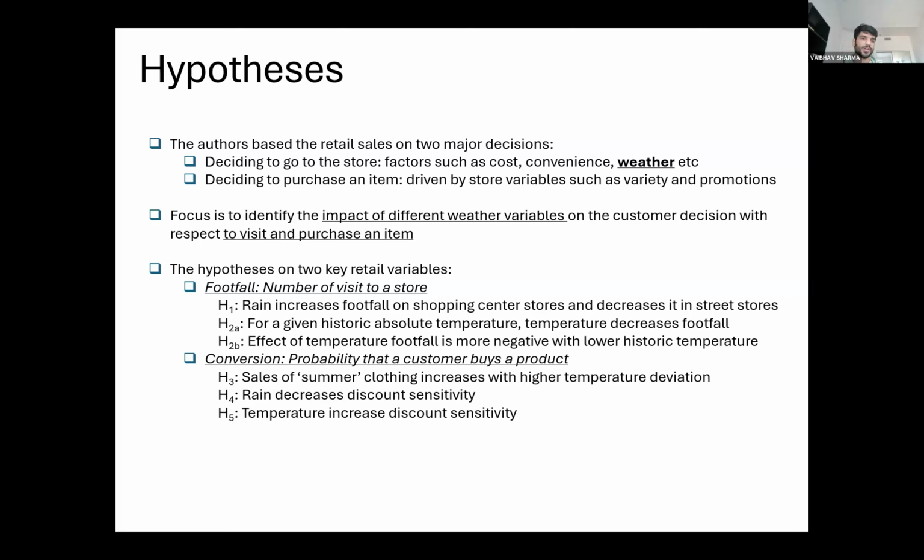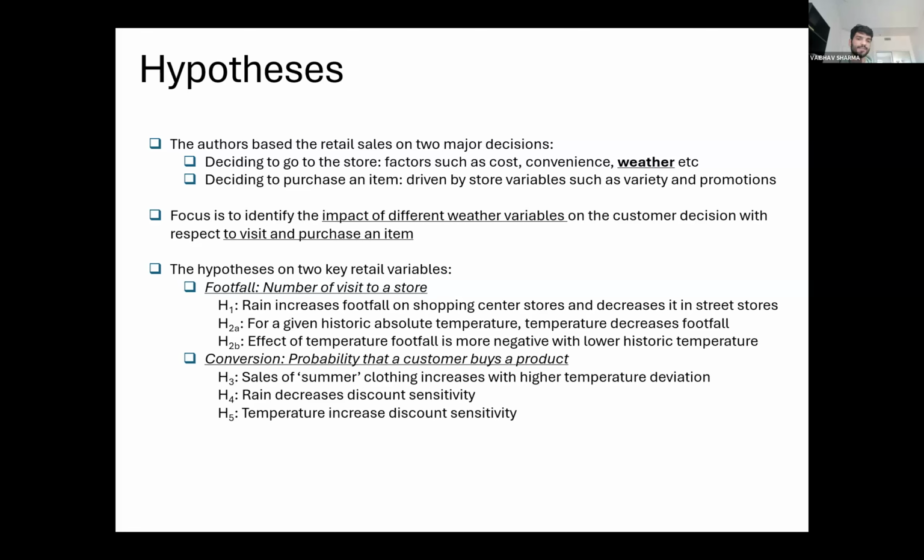So the authors propose a couple of hypotheses. The first one is that rain increases footfall in shopping center stores and decreases it in street stores. The second hypothesis is divided into two parts. The first is that for a given historic absolute temperature, the temperature decreases footfall.